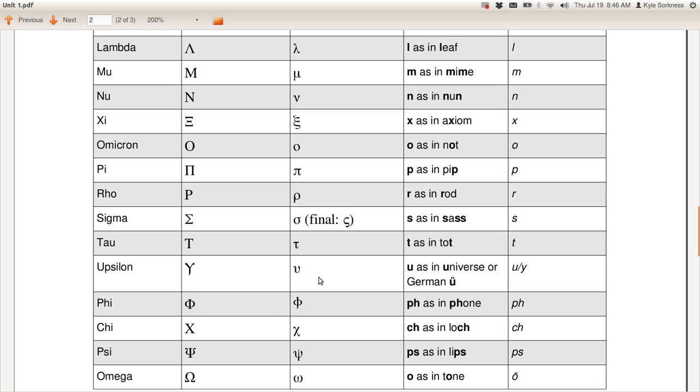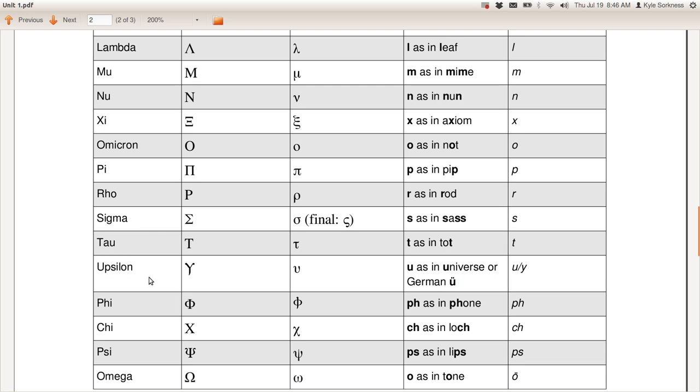Now, upsilon can be pronounced, some have suggested, like the U in universe, so like upsilon. Or if you're daring, you can attempt the German umlaut sound. Now, I am not a student of German, so I could be doing this incorrectly, but from what I've understood, the umlaut sounds something like ü. So this would be üpsilon.